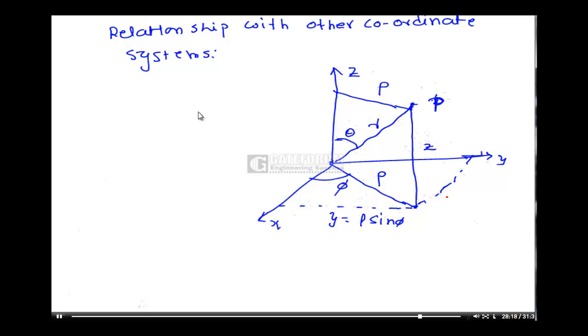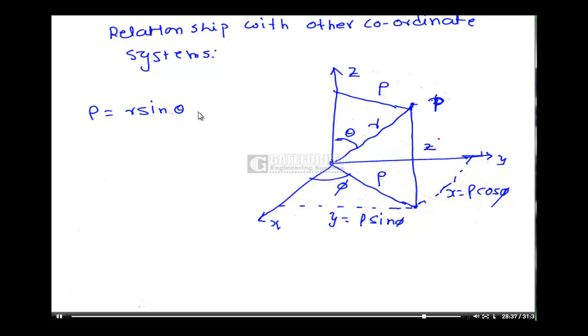So x is equal to rho cos phi, already known, y is equal to rho sin phi. So you can convert from one coordinate system to another coordinate system very easily with the help of these relations.